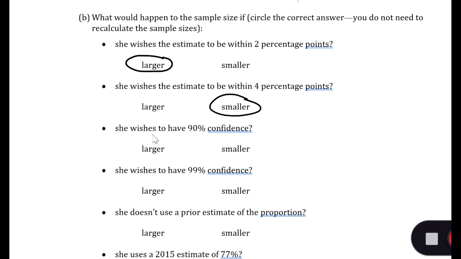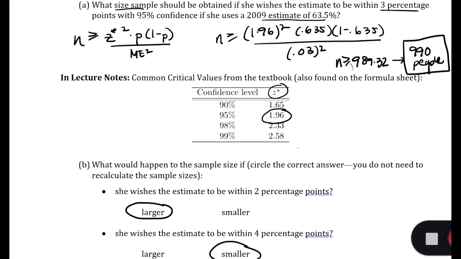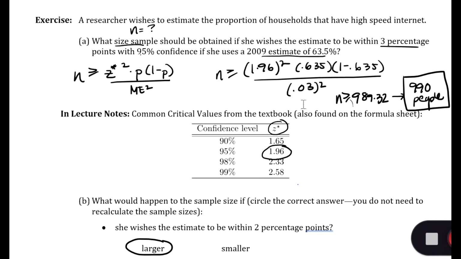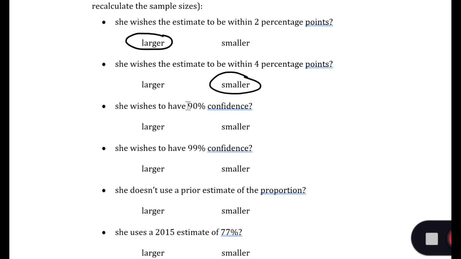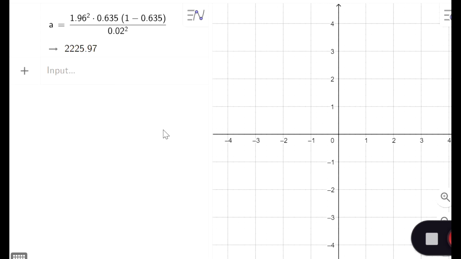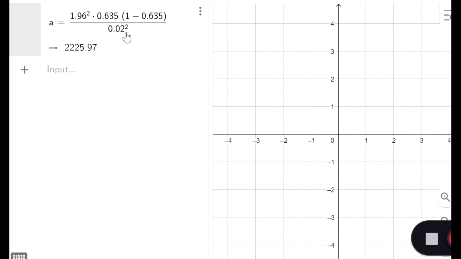If I originally wanted 95% confidence, and now I want lesser confidence, 90% confidence. Again, we could go back, and this is what we had originally.